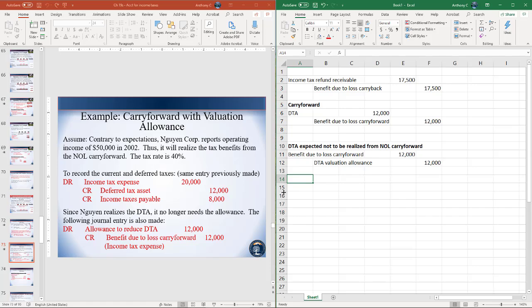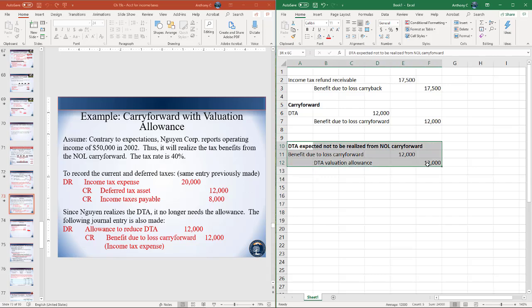again. So in the case that the DTA is realized after being reduced, so previously we made this journal entry here because we expected not to realize the NOL carry forward.